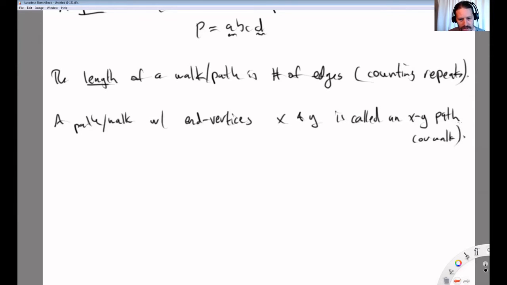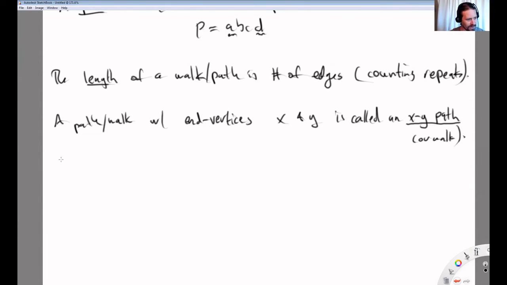It's just a shorthand notation. If I'm discussing a path in a graph that specifically starts in X and ends in Y, although it's equivalent to starting in Y and ending in X, right? Remember, there's no orientation in the graph. Then we just call it an XY path for short. It just makes terminology very simple sometimes, instead of having to say, let P be a path with starting vertex X and ending vertex Y.